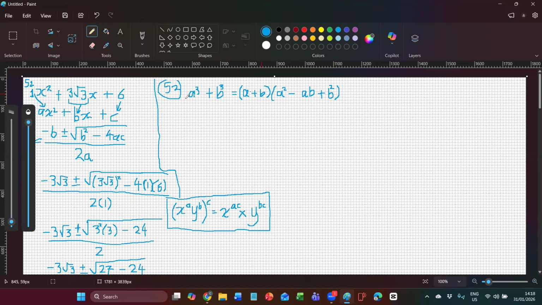If we open the bracket, it will still take us back to the left-hand side. So I'm not sure we can break it down beyond this. No, we cannot. It's just like that. I think that's the formula.